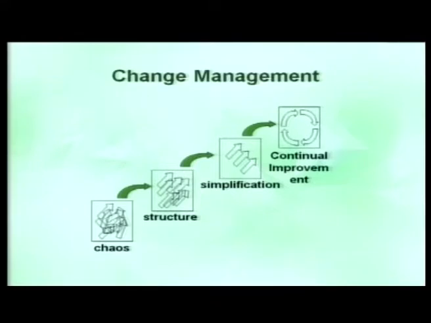Now you need to reduce your documentation and the complexity of the procedures, because your system is getting aligned in a structured way. And then the last stage is, now that you have simplified your structured systems, you need to think of where you can improve your system and get customer satisfaction.